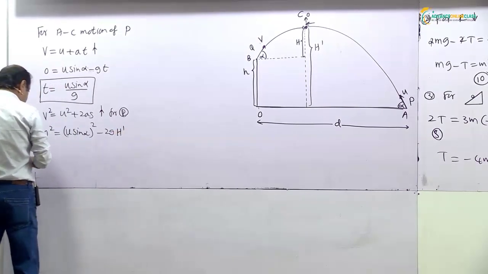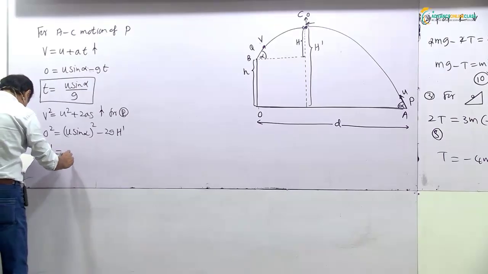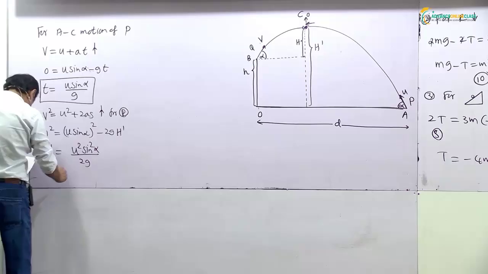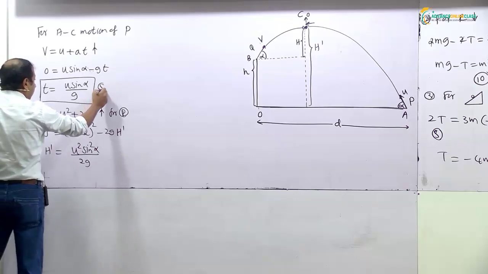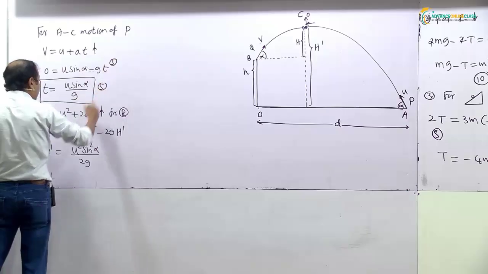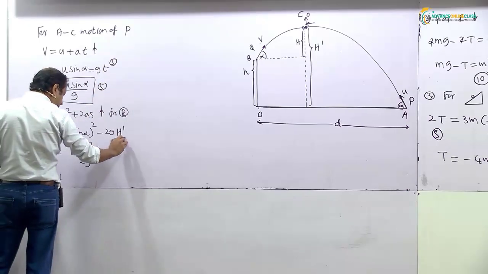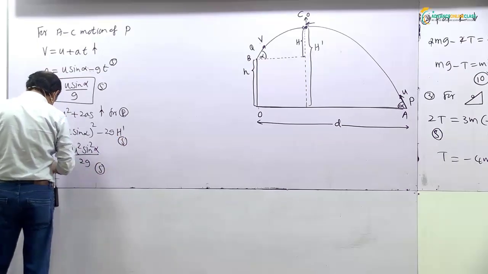Then we can make h dash the subject. It is u squared sine squared alpha divided by 2g. Here you get 5 marks, and for this 5 marks, and this h dash answer is 5 marks.